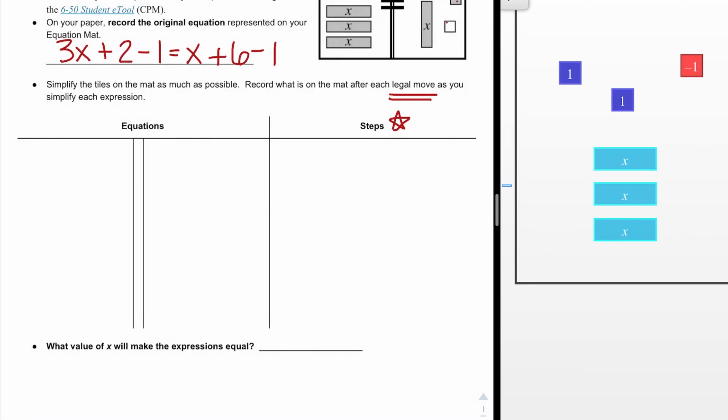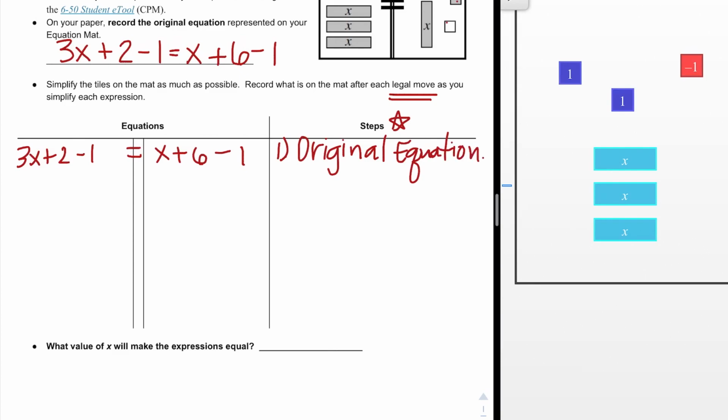The given equation is right here, 3x plus 2 minus 1. And this double line in the center is equivalent to an equal sign, so I'm going to put the equal sign right over it and then put x plus 6 minus 1 for the right side of the mat. So this is the original equation, which is what we used to call the given equation.